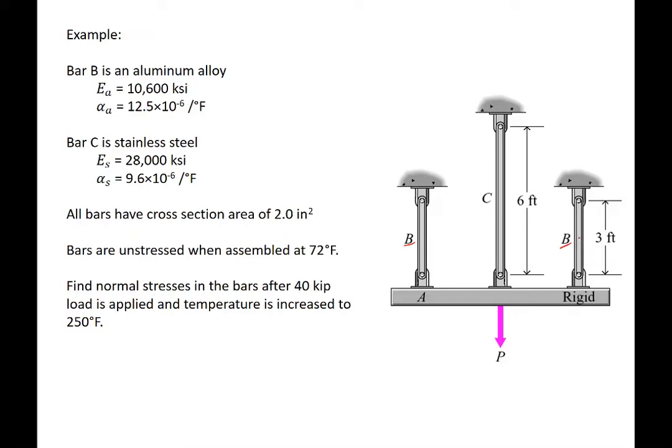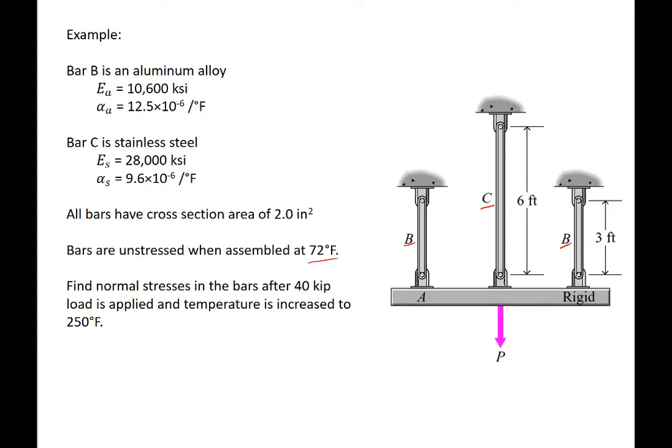The two B bars are made of aluminum, and the bar in the middle, C, is made of stainless steel. We're given the cross-sectional area, we're given the temperature that this thing was at when it was first assembled, and we want to find the normal stresses in the bars after a 40 kip load is applied and the temperature is increased to 250 degrees.